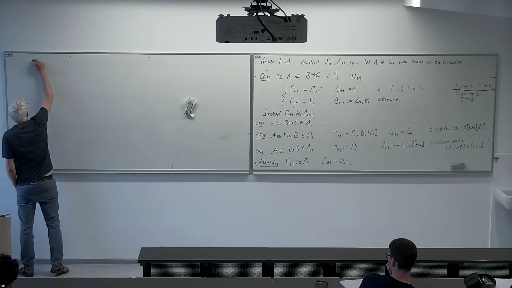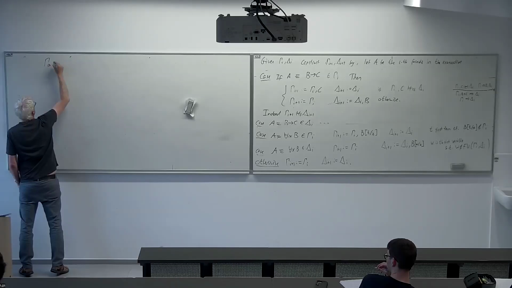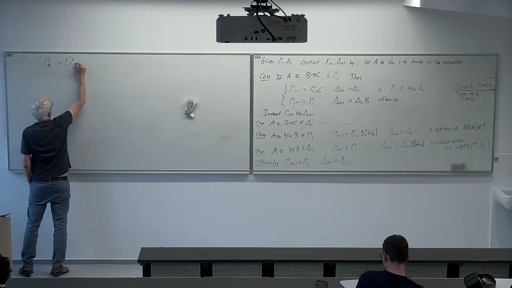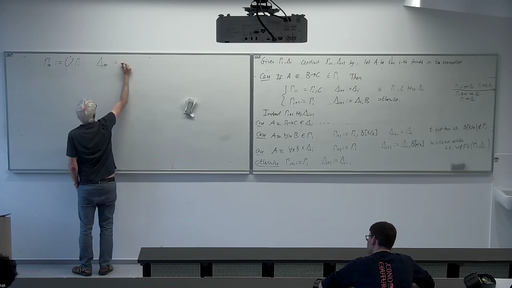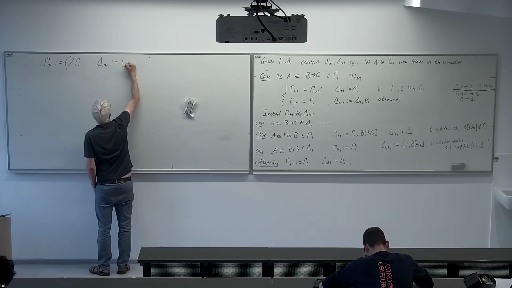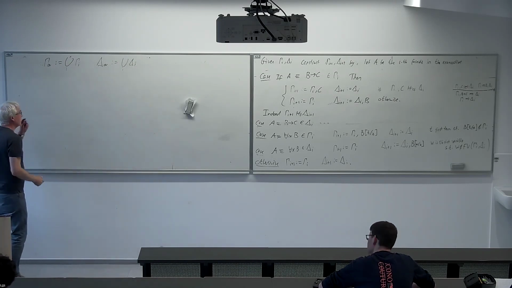So let's define gamma infinity to be the union of all the gamma i's, and delta infinity to be the union of all the delta i's. So these are now potentially infinite sets. They don't need to be.